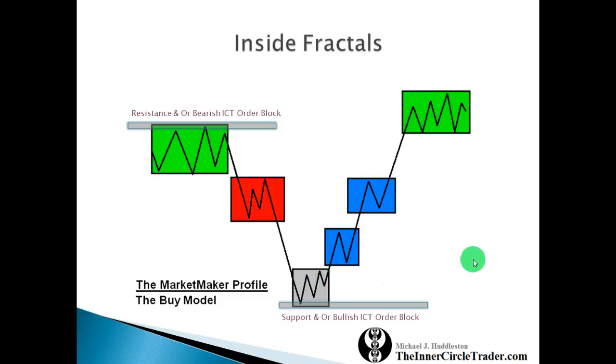So now we have a framework to anticipate how these fractals form. We have a basis to learn to anticipate when they're going to form, and also with the very clear area of where we'll see them fail.